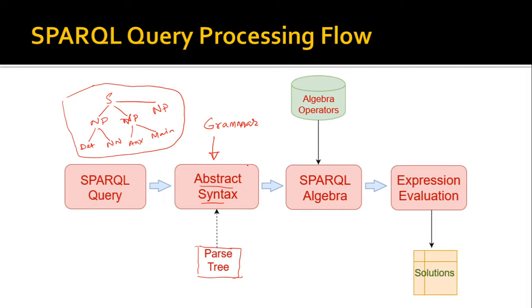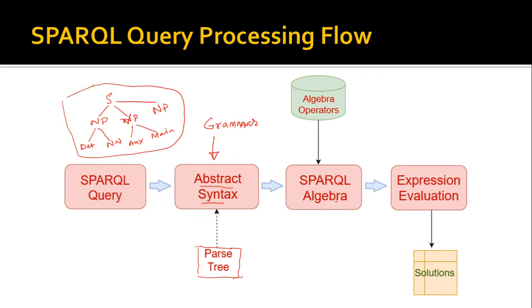Now, after we have got that idea in the form of this abstract syntax, then we start to build the algebraic form of this query, right? And that will be done by assuming that you have a set of algebraic operations which you want to use to represent the query in its corresponding algebra.